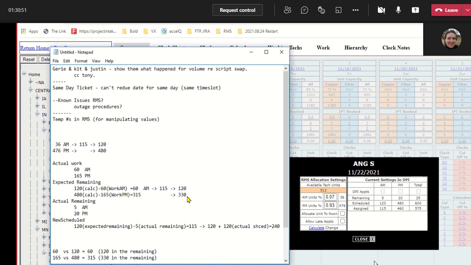And so a very similar exercise would need to happen for the PM. For the PM, 330 is what we expect. I'm going to do minus just to get rid of some extra here.